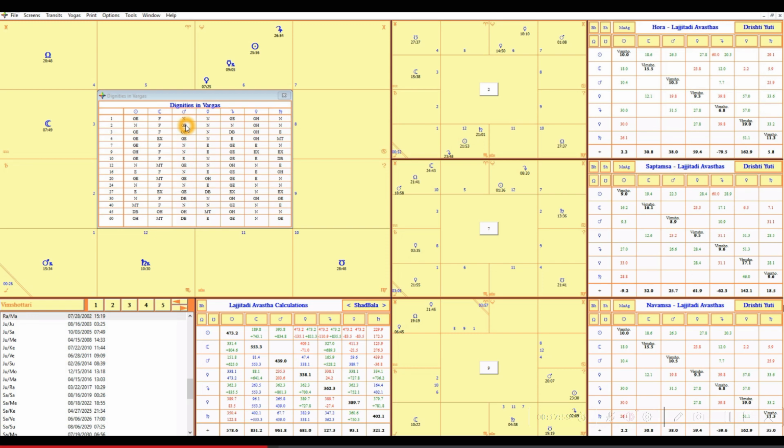So it's in 8 Vargas, and in half the Vargas, it's mostly going to give starvation. Okay? In those Vargas, look how badly it is starved by Mercury. It's going to fail in half the Vargas. So you can't get carried away by these numbers. In the end, you need to go look at the charts and see what's going on there.